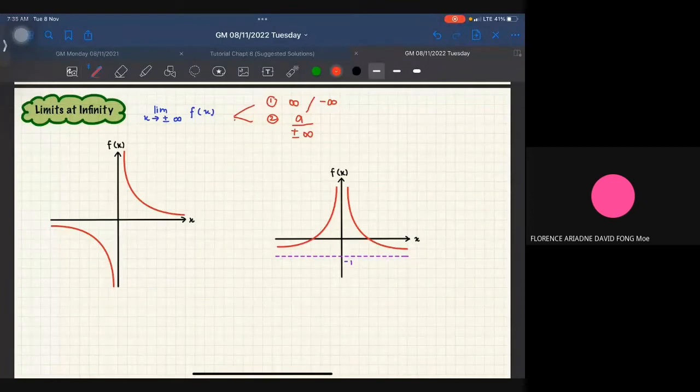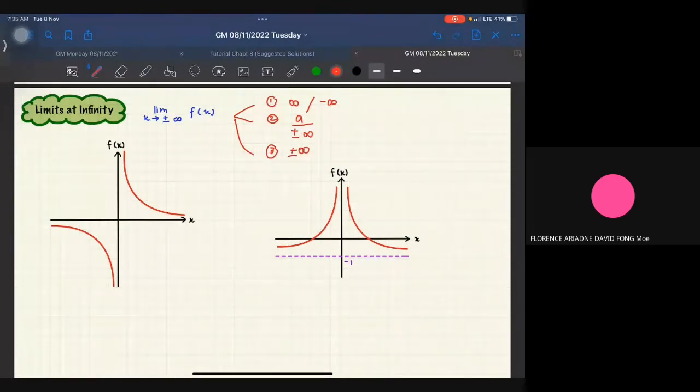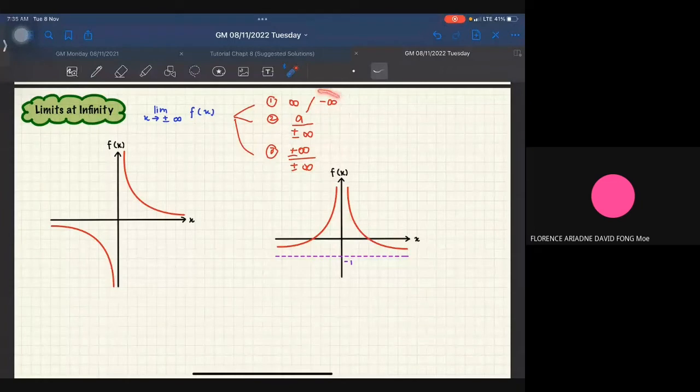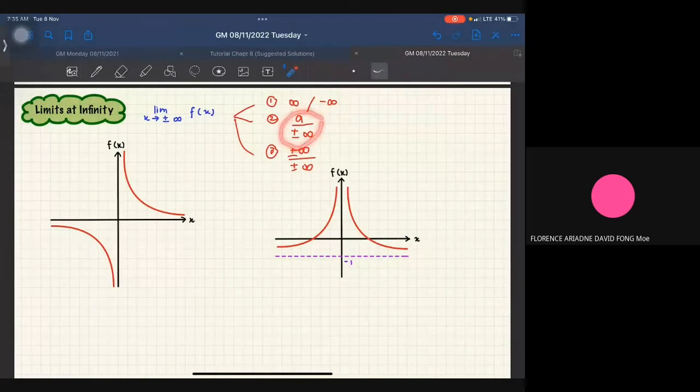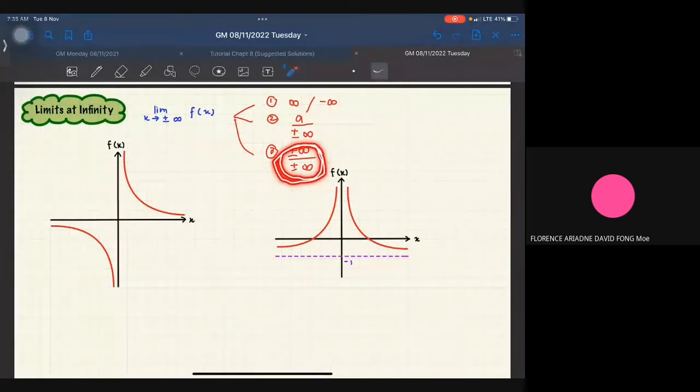And then last case is where you have something infinity, plus or minus, tak kisahlah, and then divide by also an infinity. This is the last case. Okay, so ada 3 case. Sama ada awak terus dapat jawapan infinity or negative infinity, ataupun awak ada A over infinity, ataupun lastly awak ada infinity over infinity. So setiap case ini cara nak solvekan dia berbeza. Jom kita tengok terus kepada soalan tutorial.